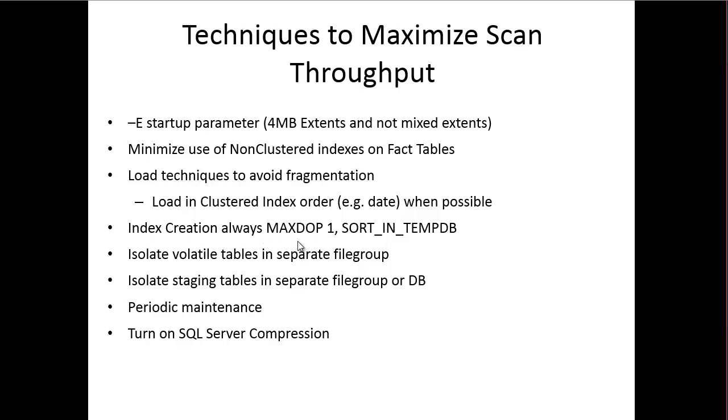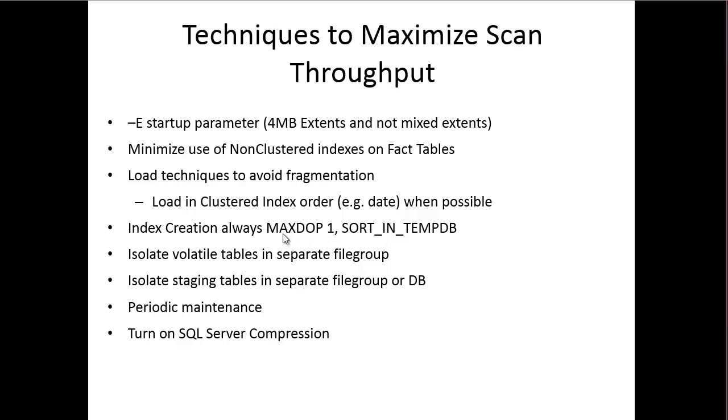If you're going to be maintaining those indexes, when you're rebuilding your indexes, if at all possible, it is really good to use max degrees of parallelism equal to 1, and to sort in tempDB. The reason is that if you have parallelism going on in your rebuilding of your indexes, yes, your rebuild will go faster, but because of that parallelism, it'll actually be more fragmented than if you were just to let one core work on that index and rebuild it.